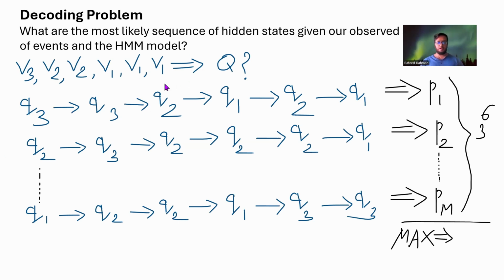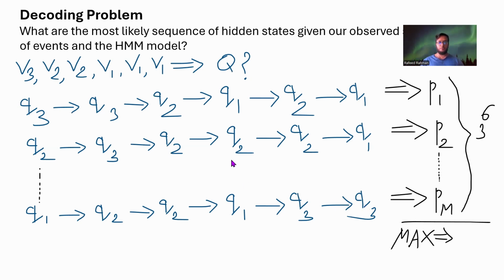Since in this example there are 3 possible states and 6 time steps, there are 3 to the power 6 possible such combinations. If we take the sequence of hidden states with maximum probability, then that is going to be our answer. Suppose the last one, P_M, has the highest probability, then that is our answer: it started with early stage, then mid stage, early stage, late stage, and then late stage.